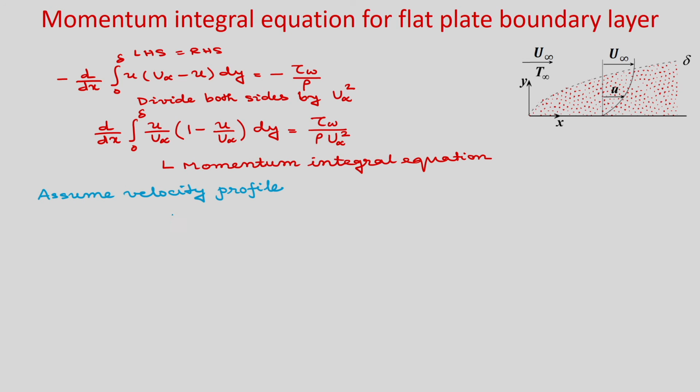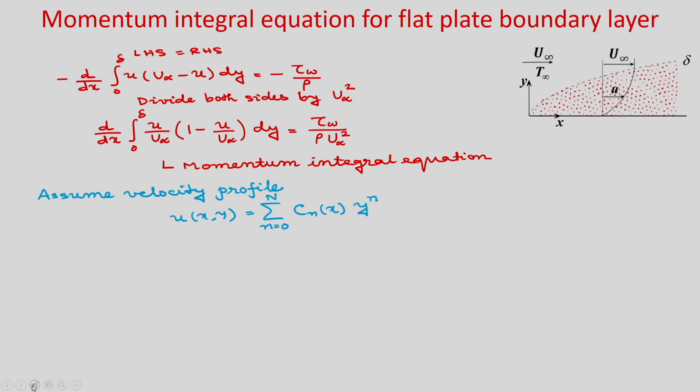Okay, so we will use a polynomial expression. So, u of x, y we will take as summation of n is equal to 0 to capital N, C n, which is the coefficient function of x, and y to the power n. So, today we will consider a third degree polynomial. Okay.